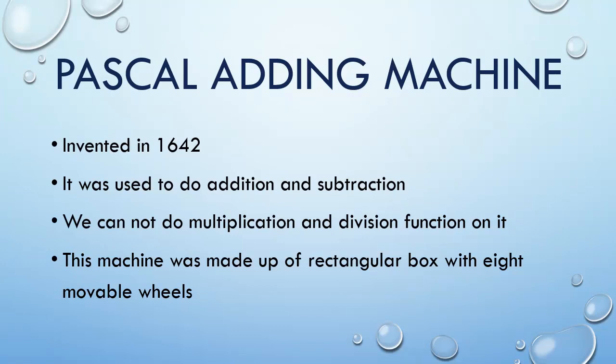We cannot do multiplication and division on it. Pascal's calculator represents the position of digits with the help of gears, and this machine was made up of a rectangular box with 8 movable wheels. And we are going to move to the next invention.